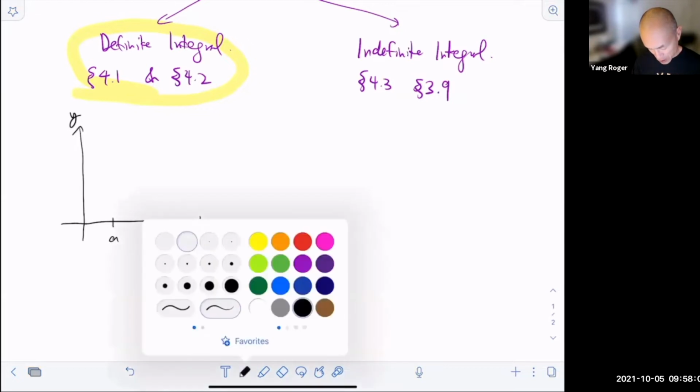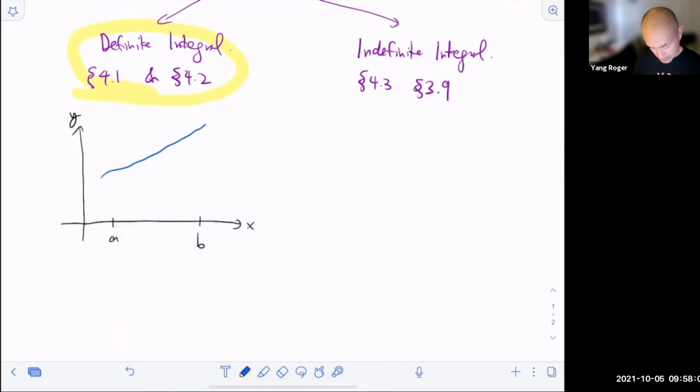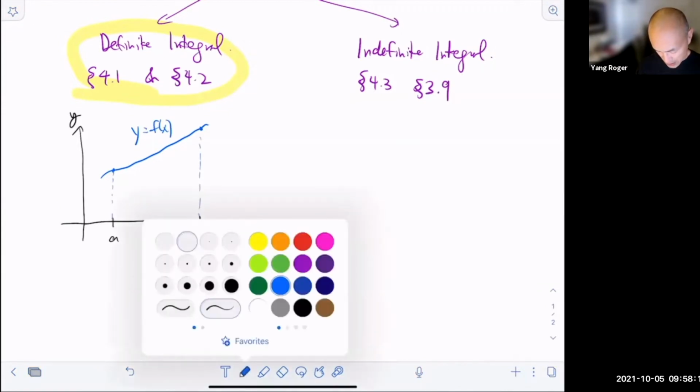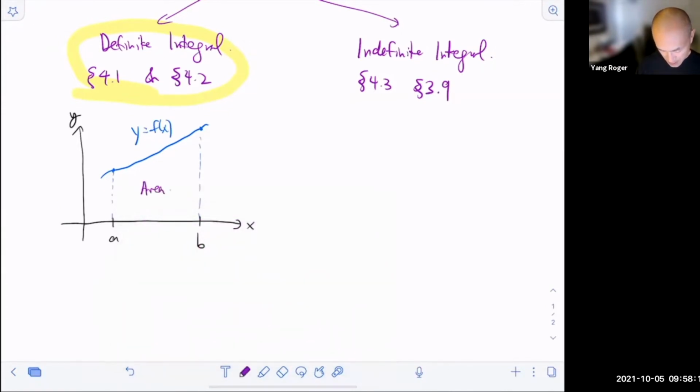And then you have some curve y equal to f of x. Then what we can do is we can figure out the area underneath this curve. So our concern is, what is the area? And this is what a definite integral is about.